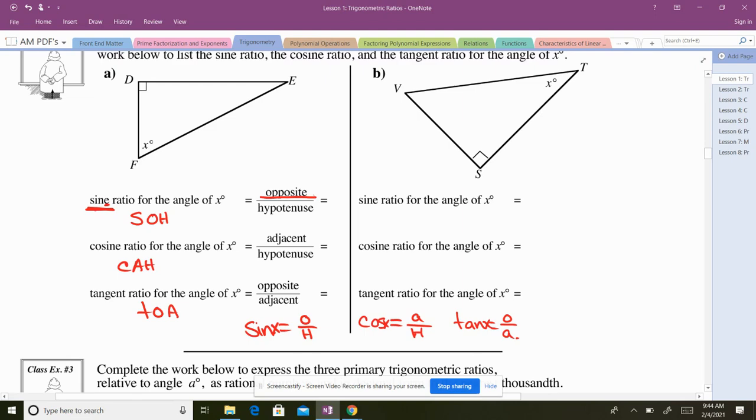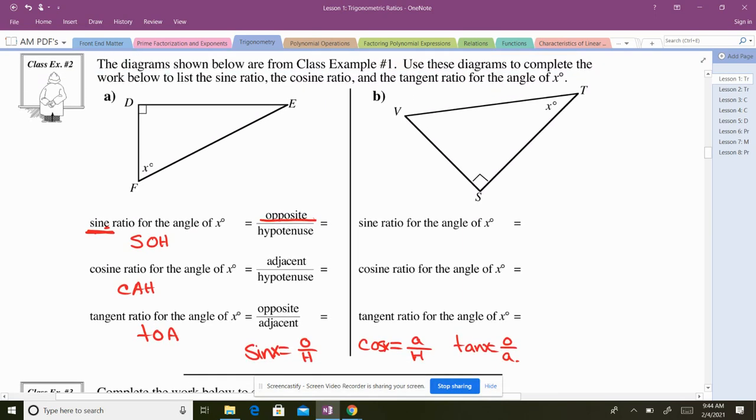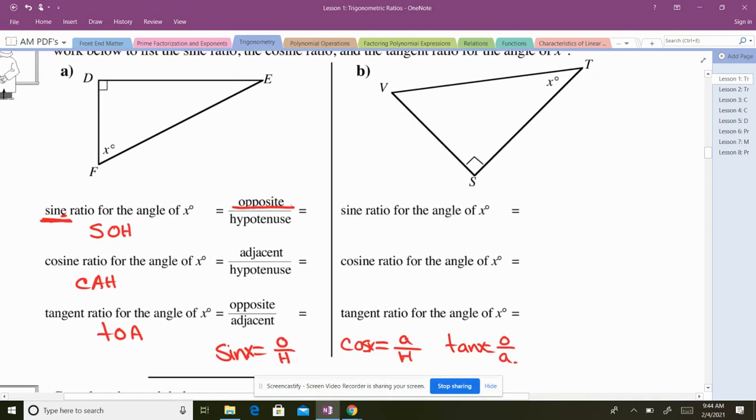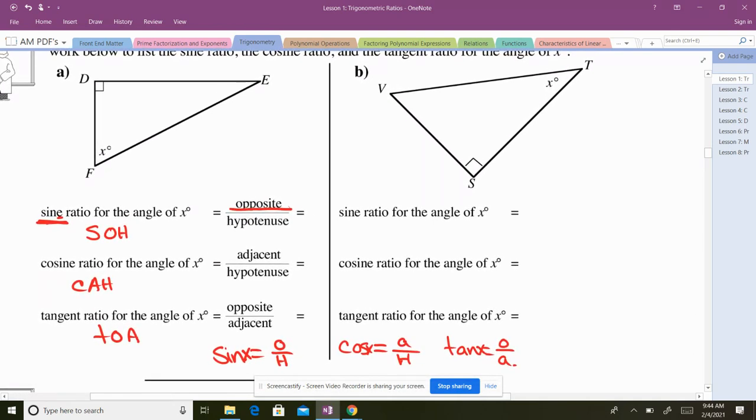So let's look at this second triangle. I'm just going to put numbers on it. I'm just making the numbers up. I don't care what they are. I'm going to say that's 10. We'll call it a 4, and this is 2.